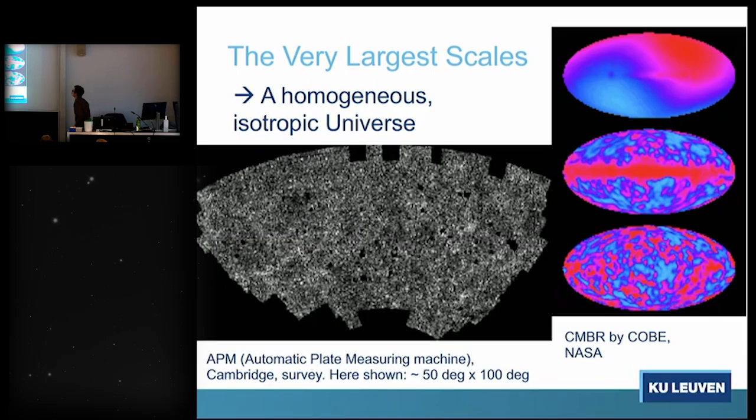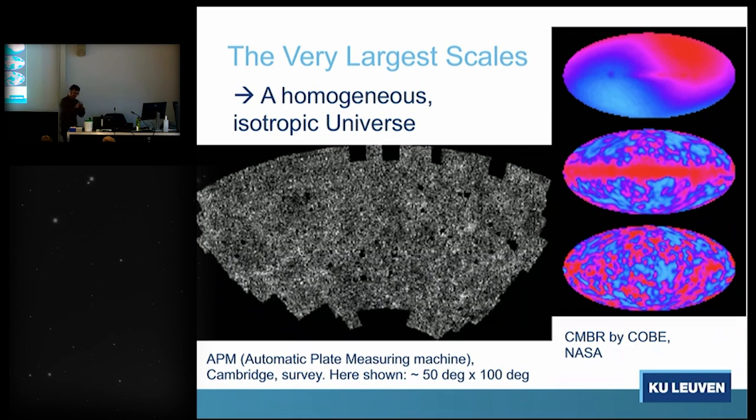Now, when you go even higher up, you approach what we call a homogeneous, isotropic universe. When that happens is still subject to scientific research, but it is a basic assumption of our cosmological world models that it does happen on some scale.